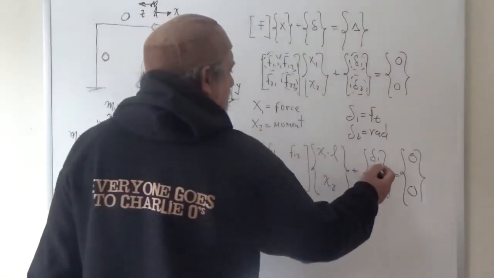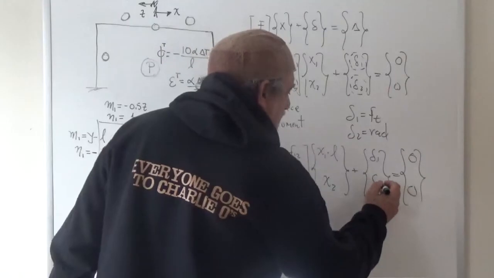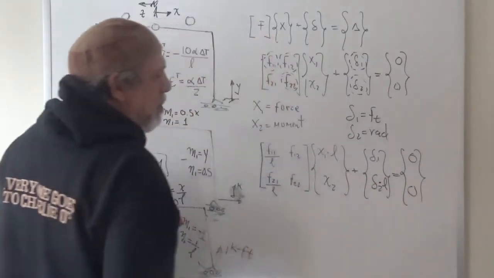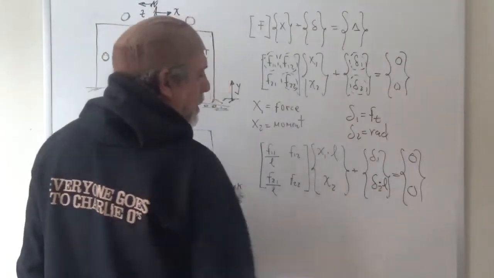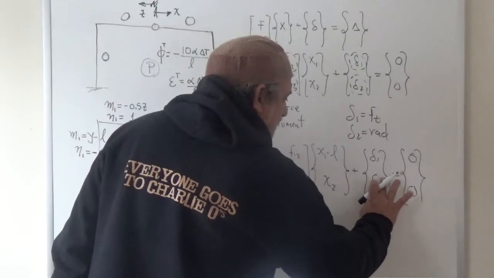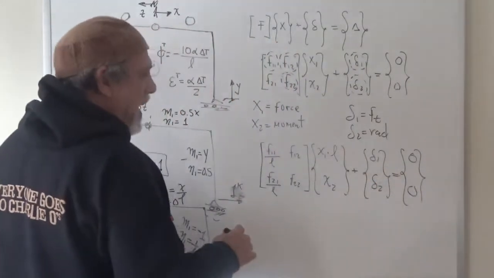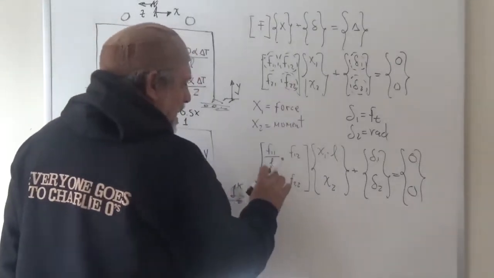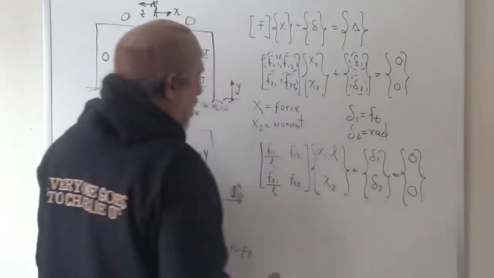I could multiply this one times L. So if I multiply that one times L, that's going to make this quantity feet, right? Now, how can I multiply that quantity by L without changing anything? I have to multiply the whole second equation by L. In other words, this times L, this times L, this times L equal to 0.